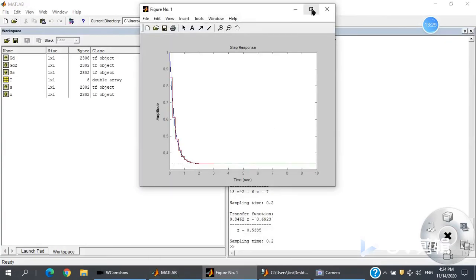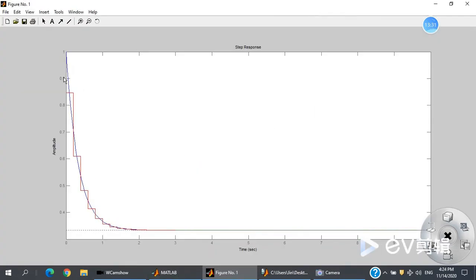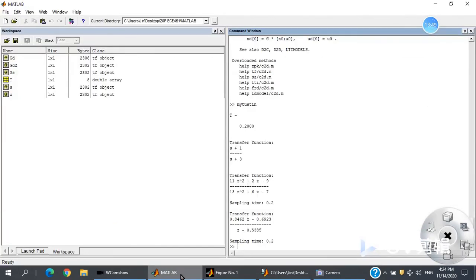Alright, you see, actually we have three curves. One is green, one is red. They are totally the same, so you can only see the last one, the red one, and the green one is covered. Here you can see the green. Alright, and the blue one is the analog one, and you can also see the result here.